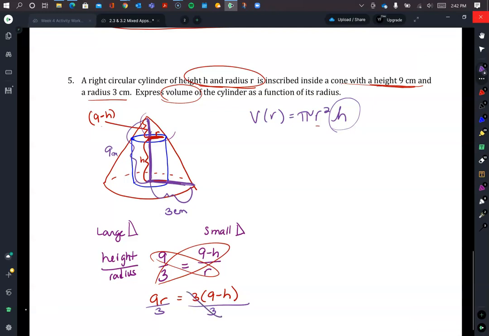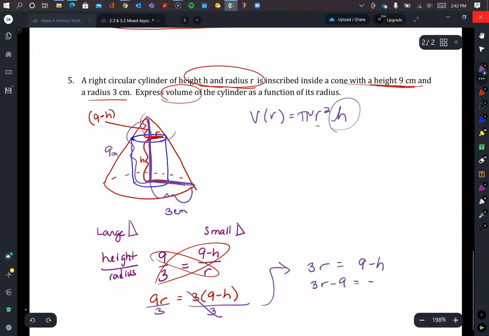And then I would end up with 3r equals 9 minus h, and then subtract 9 from both sides. 3r minus 9 equals negative h. So then positive h would be, multiply everything through by negative 1, negative 3r plus 9, or even better, I could write it as 9 minus 3r just so it looks a little nicer.